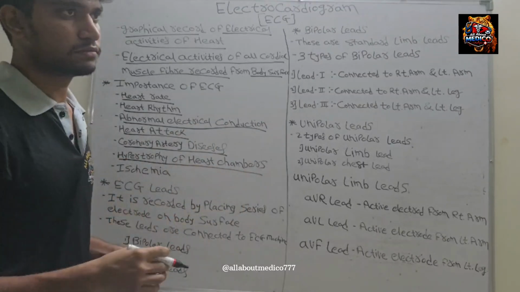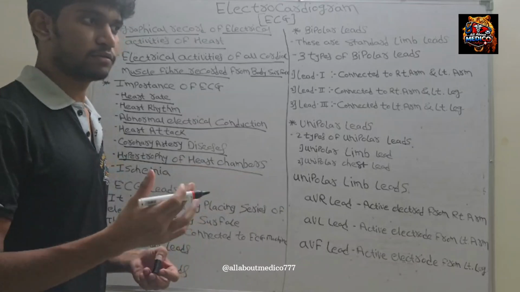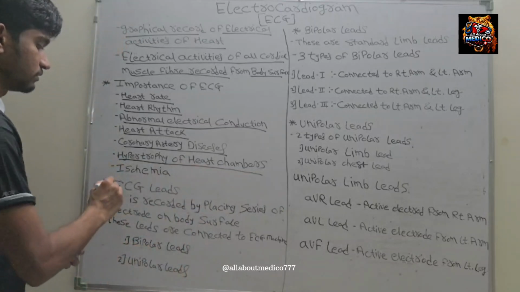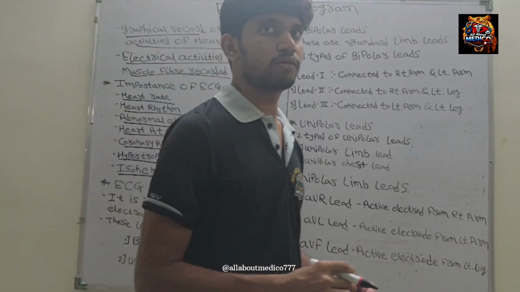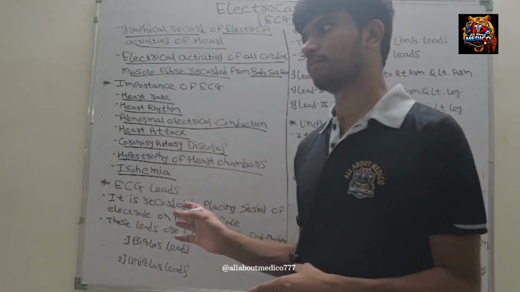We can diagnose ischemia, a decrease of blood flow to the heart, by ECG. These are diagnosed or determined by ECG.